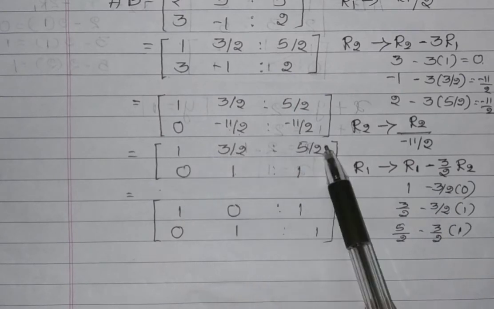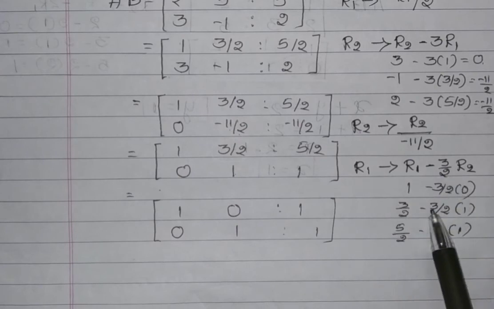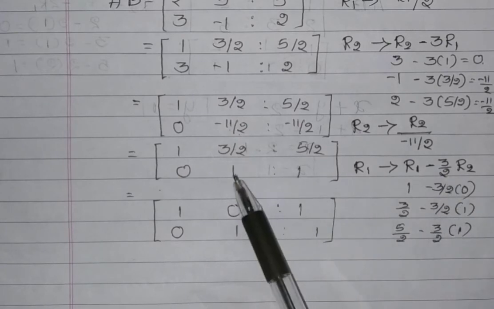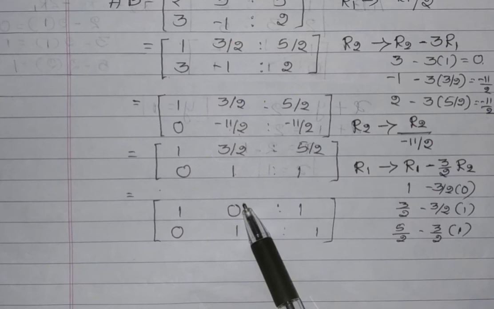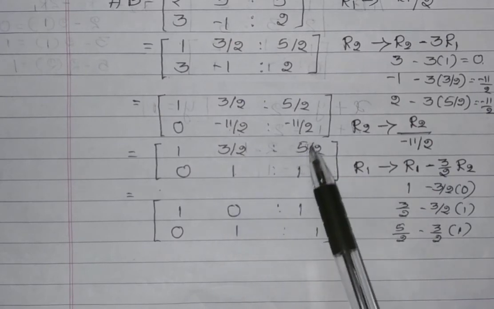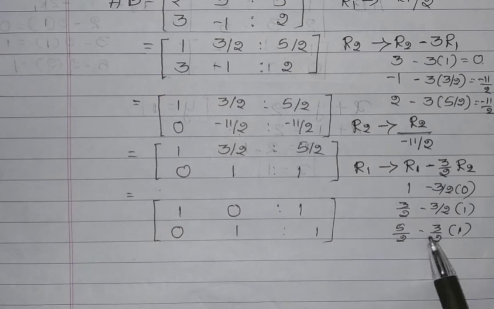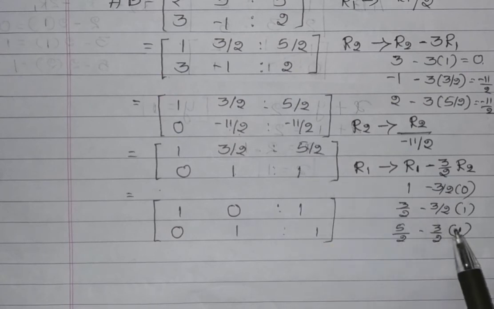Next, R1 row second element is 3 divided by 2 minus 3 divided by 2 into its corresponding R2 row element is 1. So 3 by 2 minus 3 by 2 we will get 0. Next, R1 row last element is 5 divided by 2 minus 3 by 2 into its corresponding R2 row element is 1.